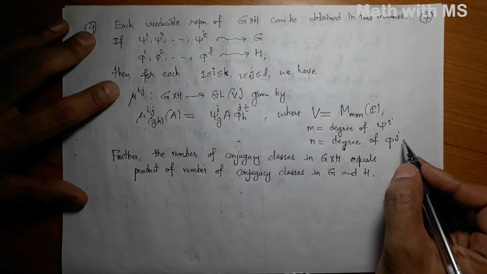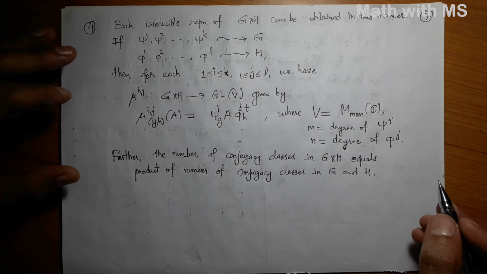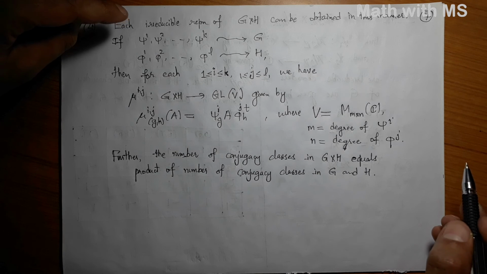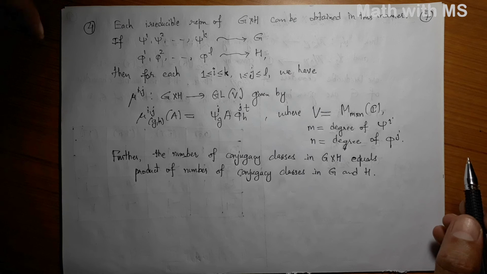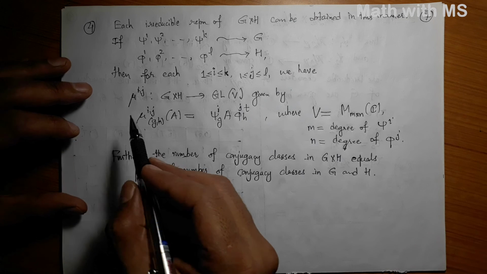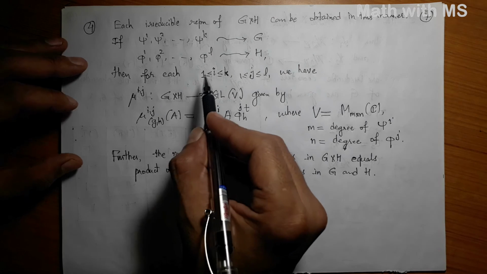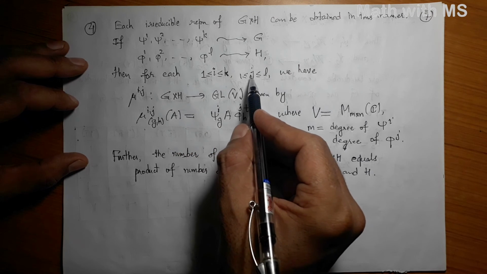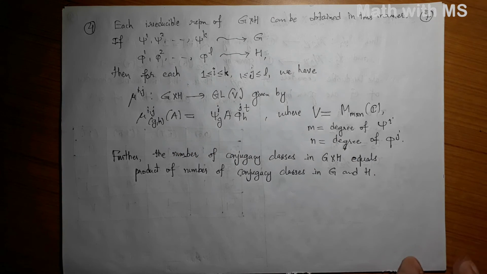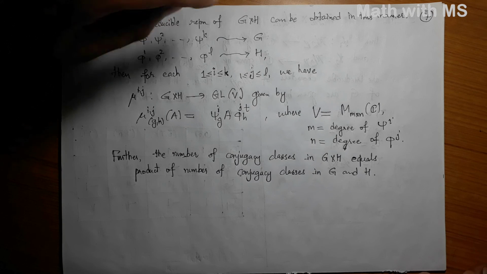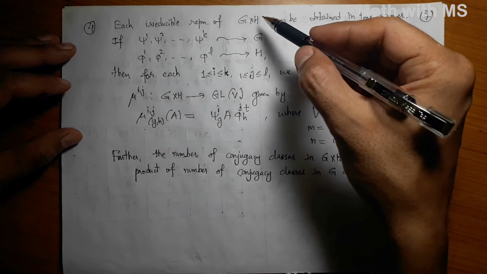Okay, so then from point number 3 we know that since psi i and phi j are irreducible, therefore mu ij is also irreducible, right? And this you get for each i between 1 and k and each j between 1 and l. Therefore you have at least k times l irreducible representations of G cross H, where k is also the number of conjugacy classes in G and l is also the number of conjugacy classes in H.